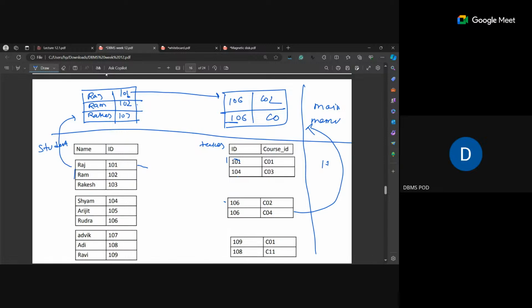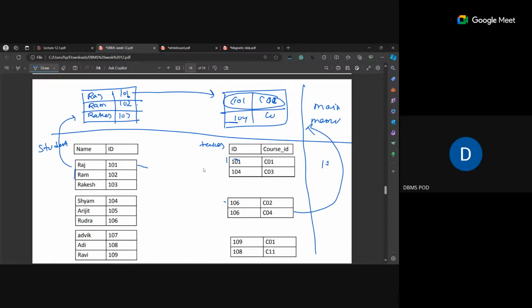Sir, if 101 matches, what are we matching here? 101 C01, 104 C03. Whatever condition you have given, if it is satisfied, then it will add to the result.